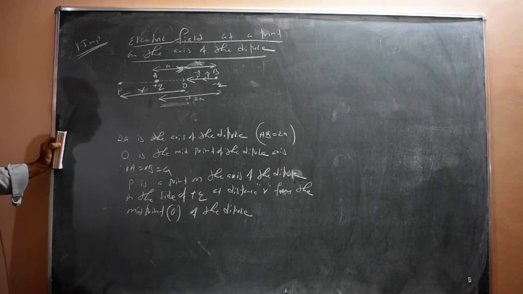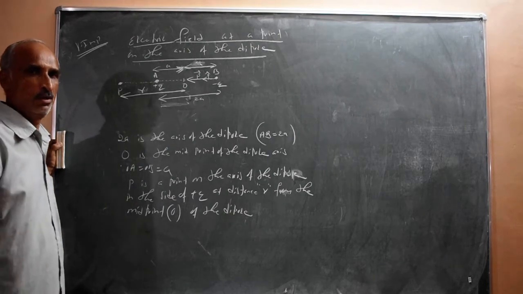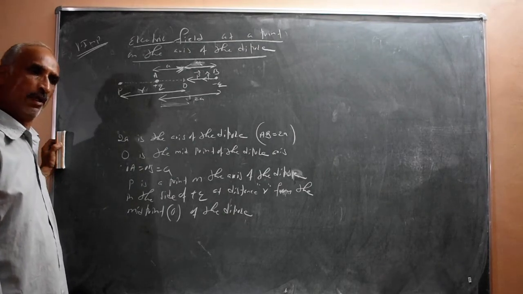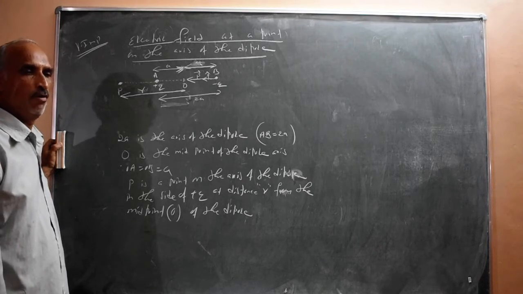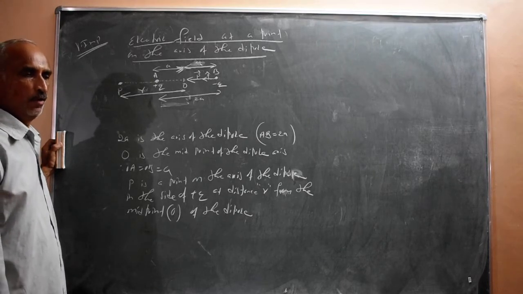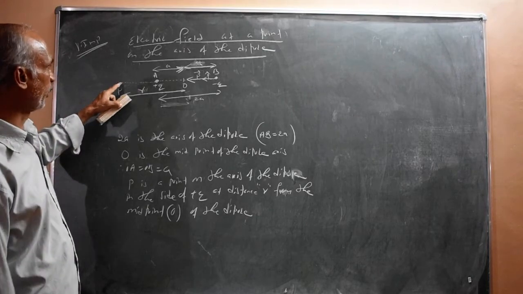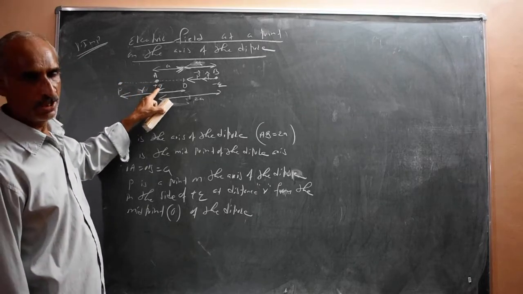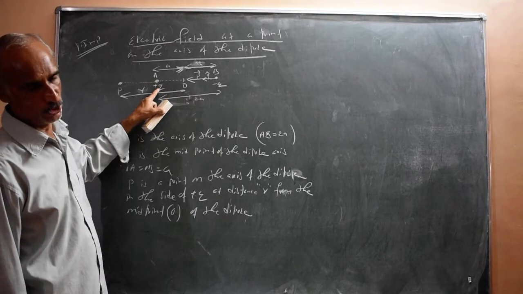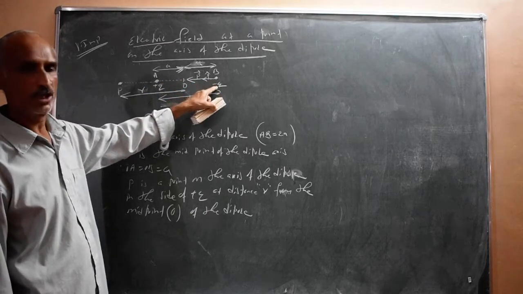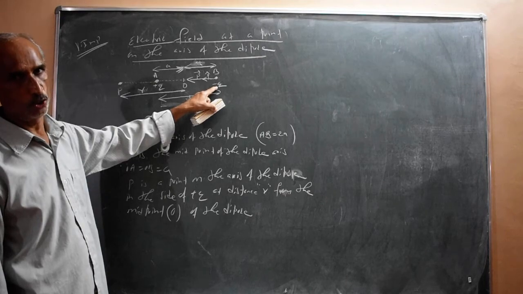Now, as usual, we have solved the problem, no? The field on the axial line we have calculated in two problems that were solved. So here at the point P, plus Q generates its field, E plus Q bar, and minus Q also generates its own field, E minus Q bar.